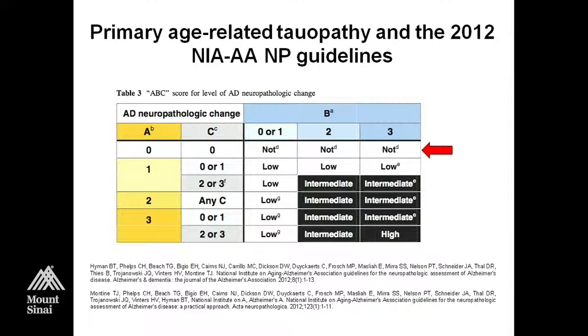In 2012, I'd like to point out that the criteria were revised, and by the way, this whole project was a multi-institutional collaboration with the NIA and the Alzheimer's Association, and it was spearheaded by Dr. Montine, who's going to be speaking following me about Alzheimer's disease.